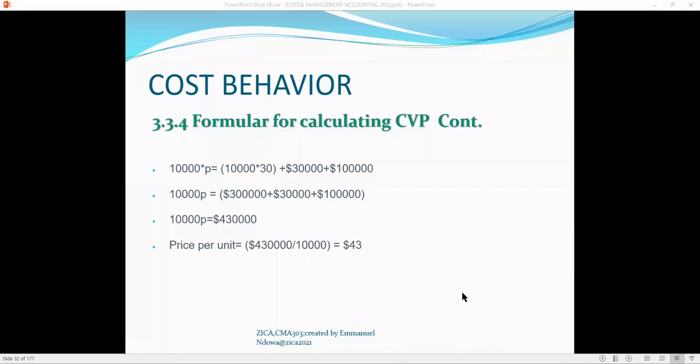Could you work out for me the number of units we need to produce in order to come up with a profit of 150,000? You can work in your group on WhatsApp.